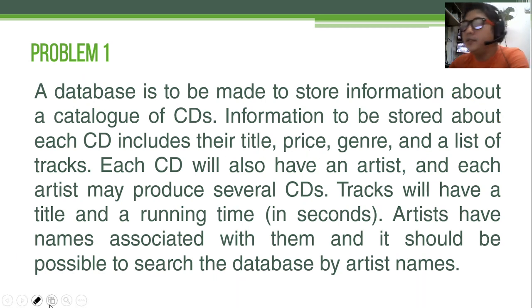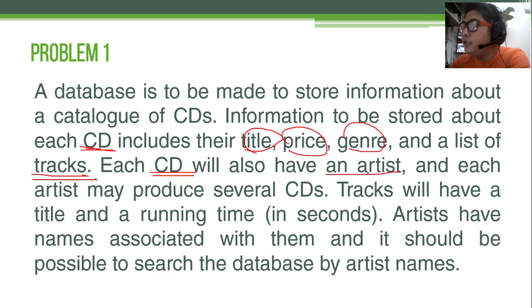Okay. It's easy to find them because the statement already mentions business rules. CD already has attributes. We have a catalog of CDs. And tracks, it should have tracks. So a CD should have tracks. And a CD has an artist, right? That is a business rule already. And each artist may produce several CDs.